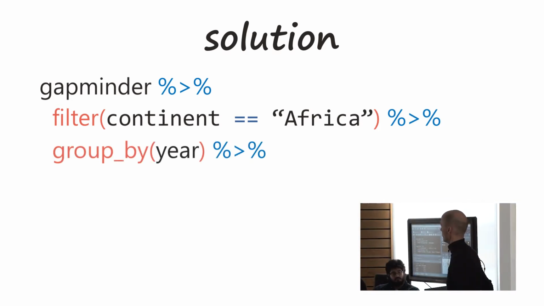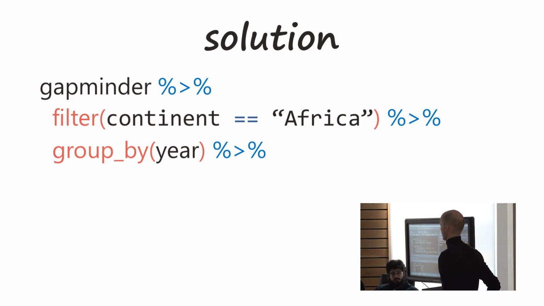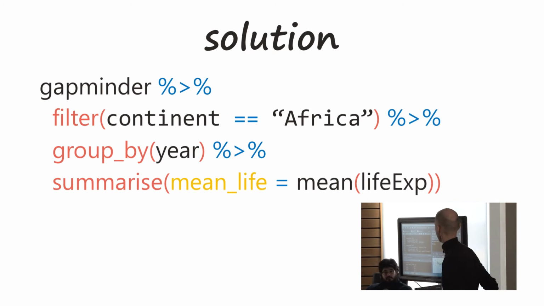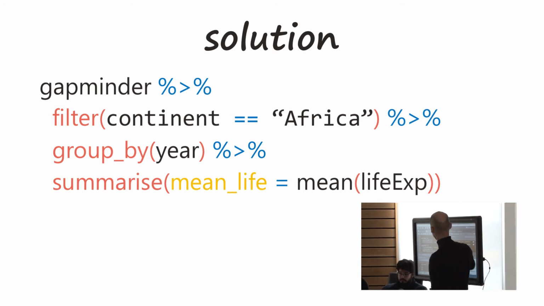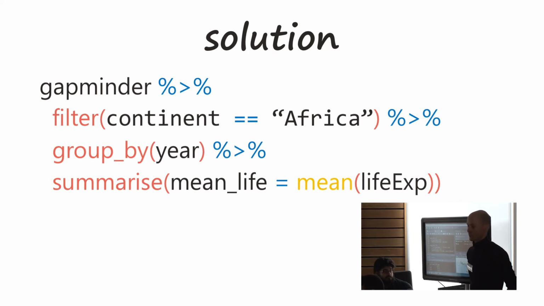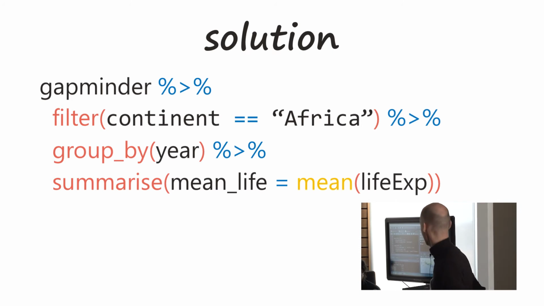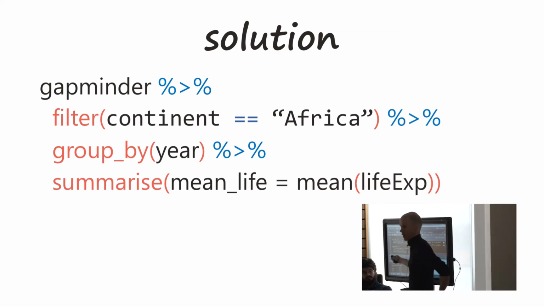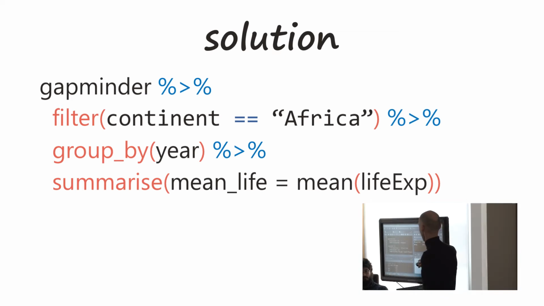You want to do the group by for each year, so group by year. Create a variable name. I haven't actually covered this, I've been a bit devious here. There's a function mean that allows you to find the mean of any numerical value. Oh, and the other thing I'll point out is that I've tended to favour this style of naming things.